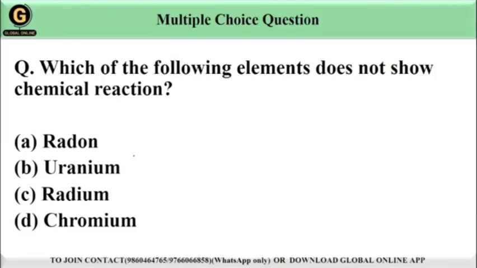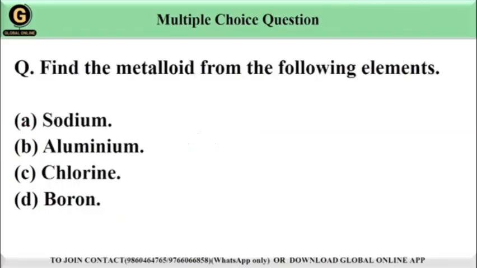On the other hand, uranium, radium and chromium are reactive elements that readily form compounds with other elements. Radon is present in group 18 of the periodic table. Other examples of noble gases are helium, neon, argon, krypton, xenon. Okay, understood? So the correct option for this question will be option A, radon.